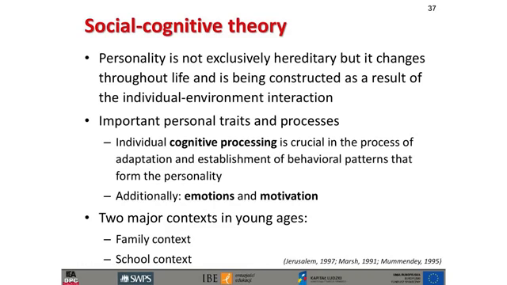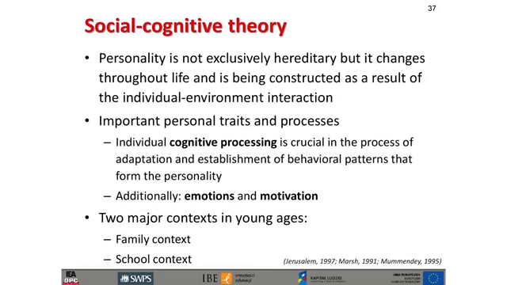Another assumption is, of course, that personality is not exclusively hereditary, but it changes throughout life and is constructed as a result of this interaction between the individual and environment. Important personal traits and processes are, of course, cognitive processing, which is crucial in the process of adaptation and establishment of behavioral patterns that form the personality, but additionally also emotions and motivations.